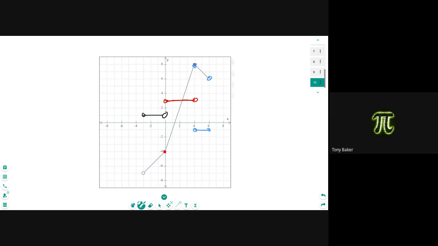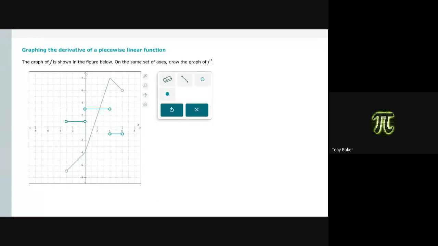So when you're doing this topic and these problems, all your slopes are going to be straight lines. They're all going to be horizontal because they're linear. They're not changing between those 2 points. So when you look at it, there's your 3 lines.